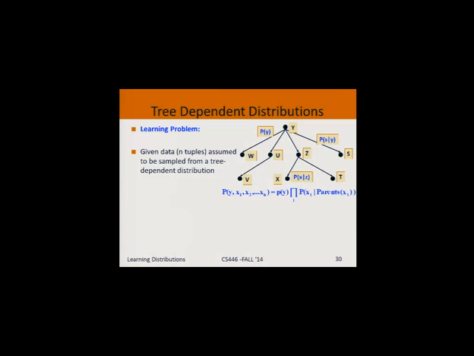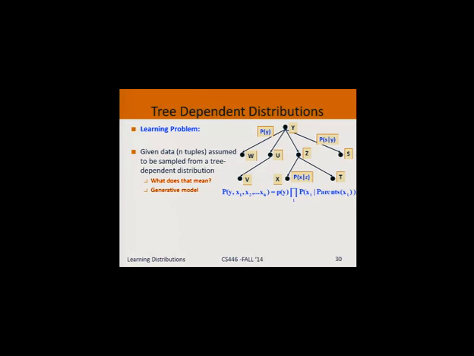So what is the learning problem? First of all, I'm going to have data: n tuples assumed to be sampled from a tree-dependent distribution. You really have to think about whether you understand what that means. We're going back to what we call a generative model. We assume that data is generated in the following way.